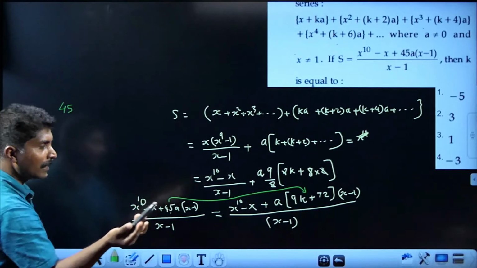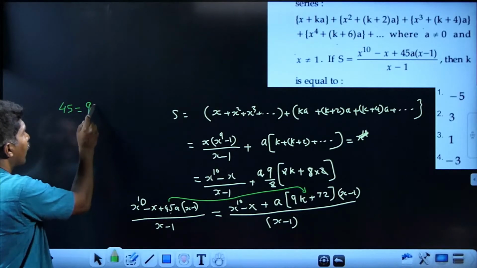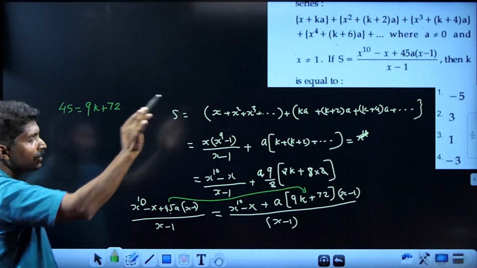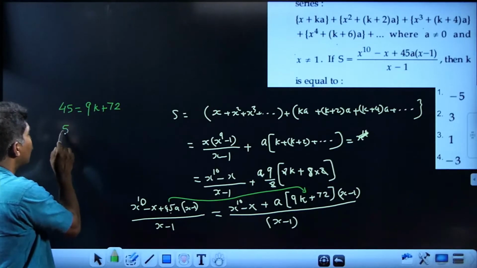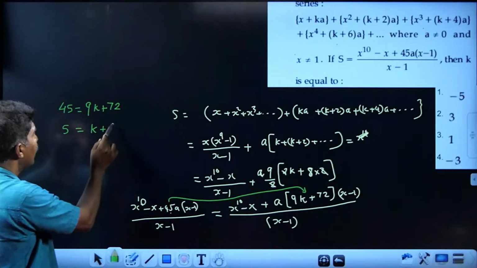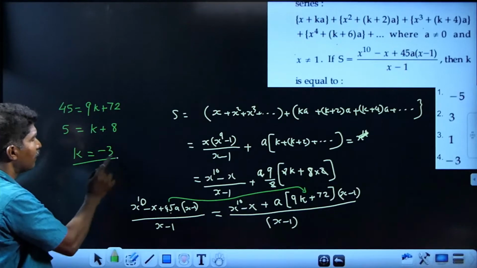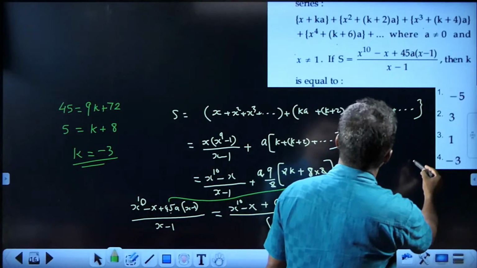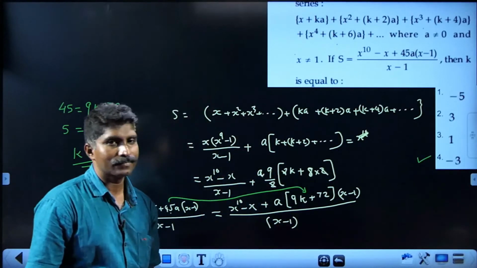A is common on both sides, no problem. 45 is equal to 9k plus 72. 9 is common, so we will divide by 9. So I can write 5 is equal to k plus 8. Therefore k is equal to negative 3. K is equal to negative 3 is the given answer. We can see that option 4 will give k equal to negative 3.